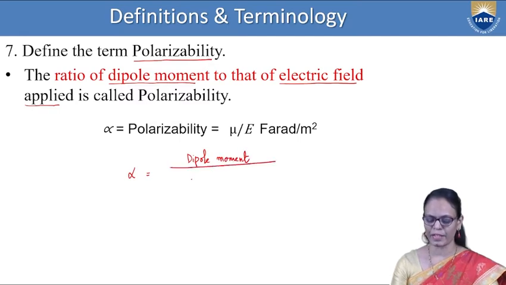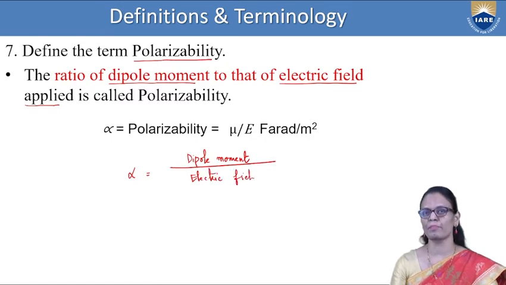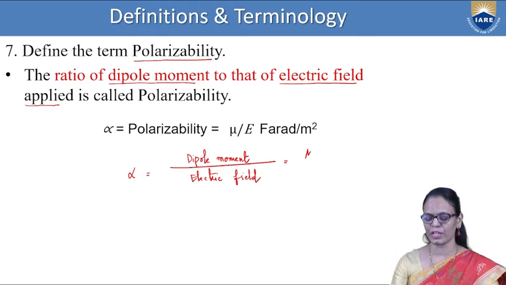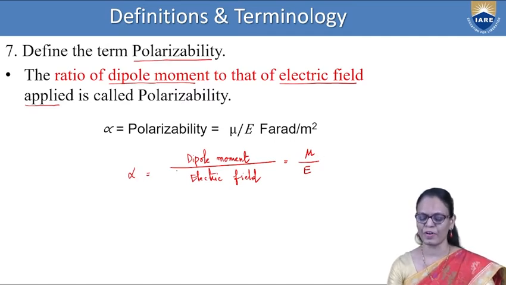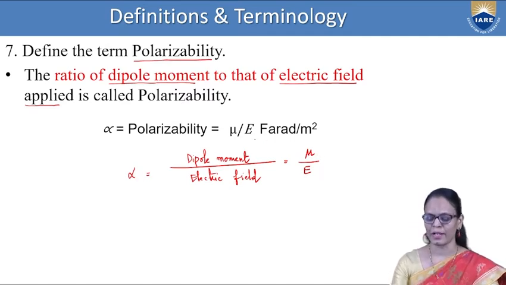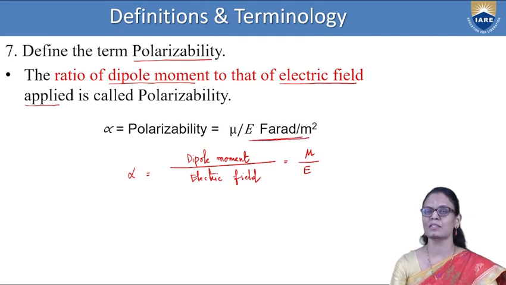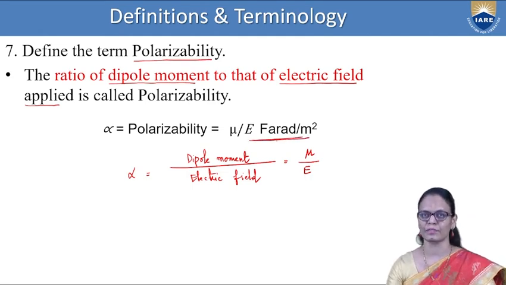Dipole moment we denote by mu and the electric field is denoted by E. So we use the formula alpha is equal to mu by E, and the unit in which we measure it is farads per meter square.